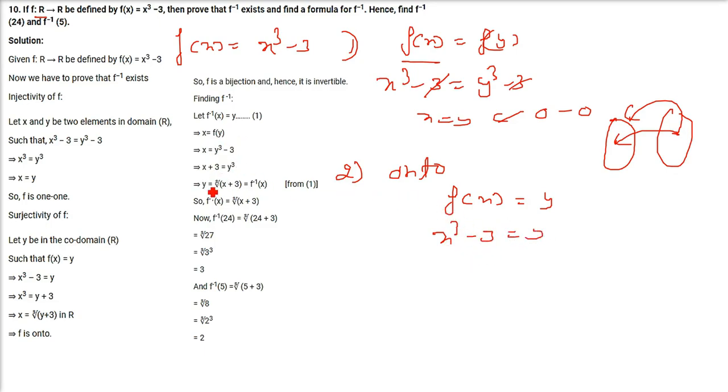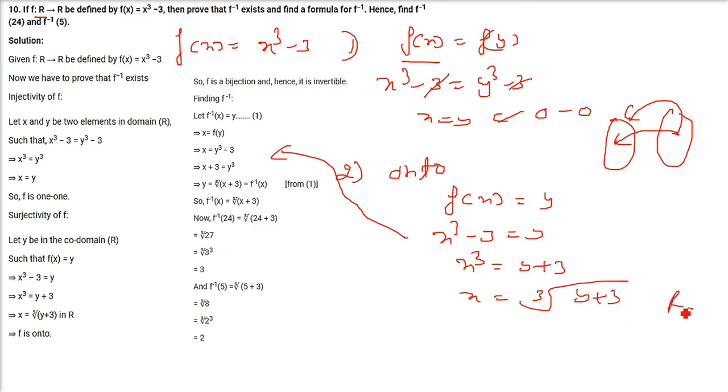Same thing, when we try to find f inverse, the same computation will be done, so just understand it very carefully. x³ - 3 equals y, x³ equals y + 3, x will be equal to the cube root of y + 3. Now if you take the real numbers, this is valid. Onto also. So this is 1-1 and onto, every value of the second set will have a pre-image in the first one. So 1-1 onto is done.